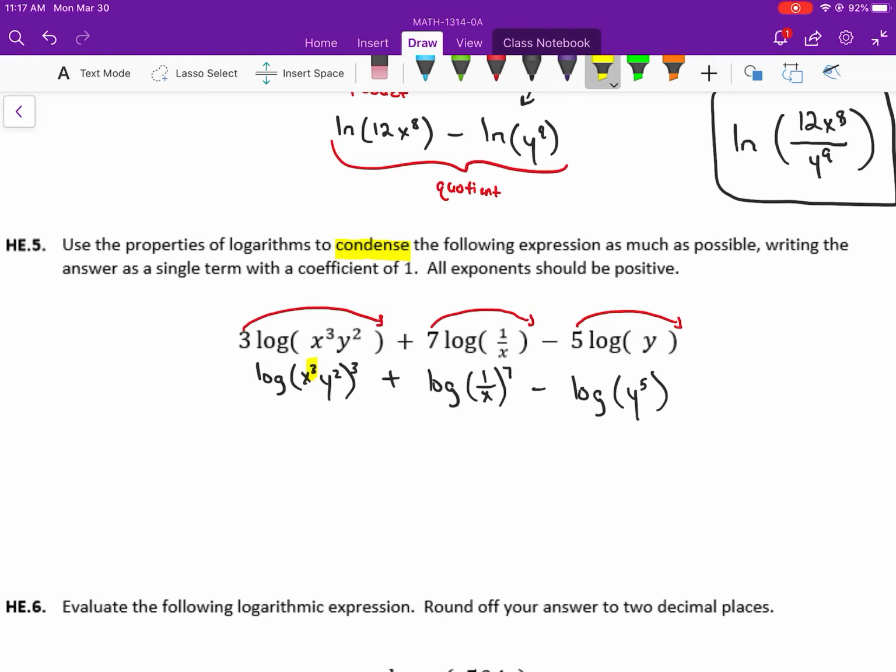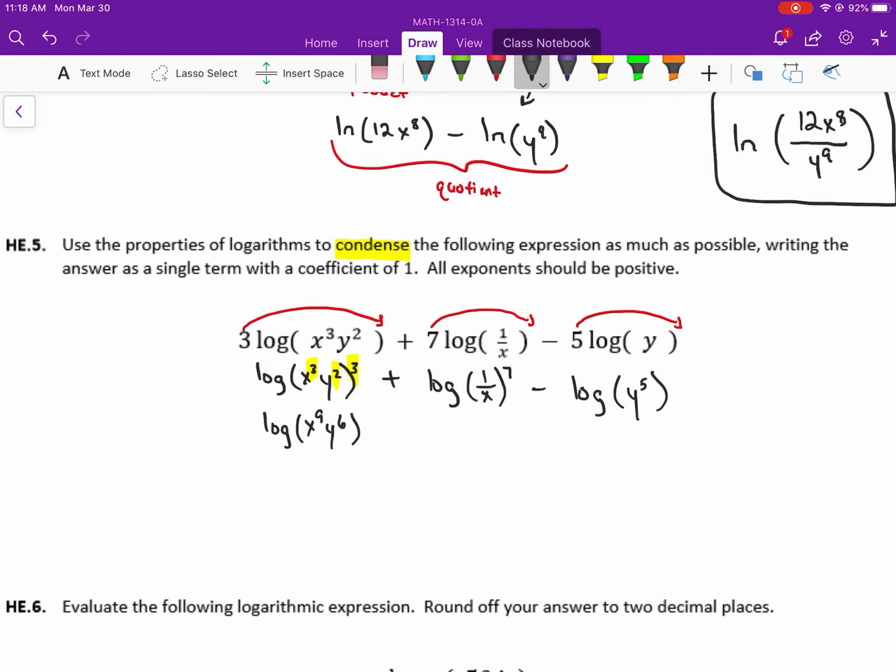And when we take a power to a power, we have to multiply our exponents, okay? So, over here on this first one, we see x cubed and y squared, but we're taking that to the 3rd power. So we can't forget to multiply those exponents. So we're going to get log of x to the 9th power, y to the 6th power.